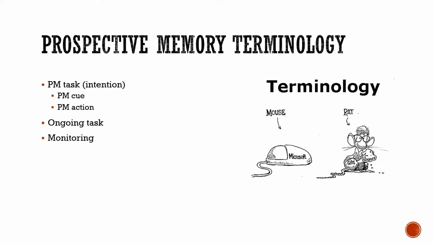The same way that for those of you who will remember the time-based task that I gave you, at 11 o'clock say tick-tock, you have to continuously check the clock to make sure that you haven't missed the 11 o'clock time that I gave you to respond. So monitoring is the sort of attention that you pay so that you can detect the prospective memory cue.